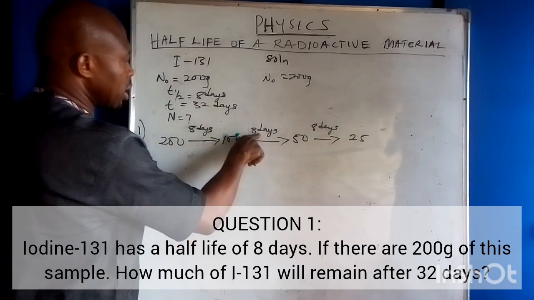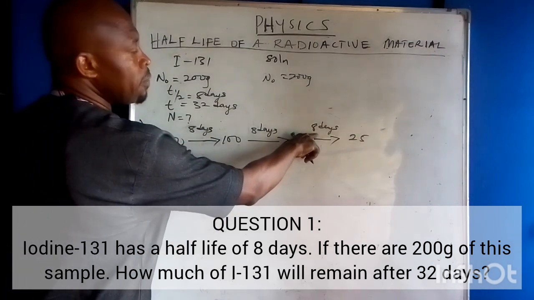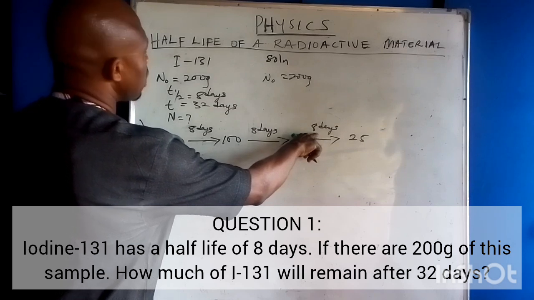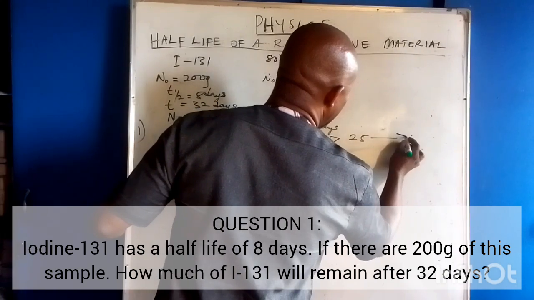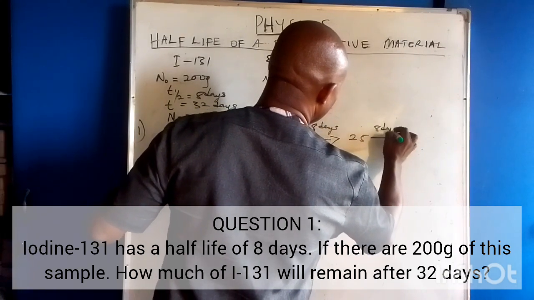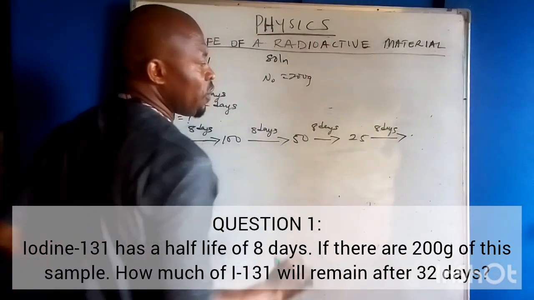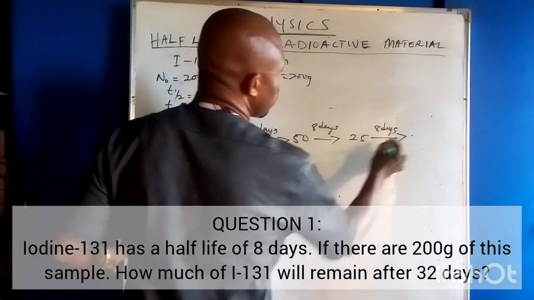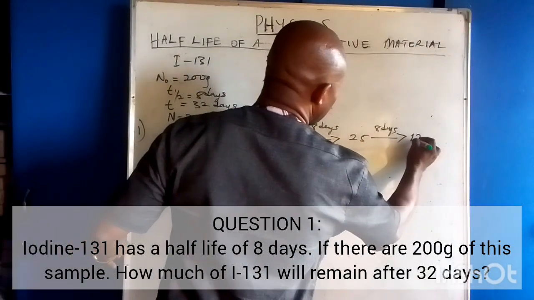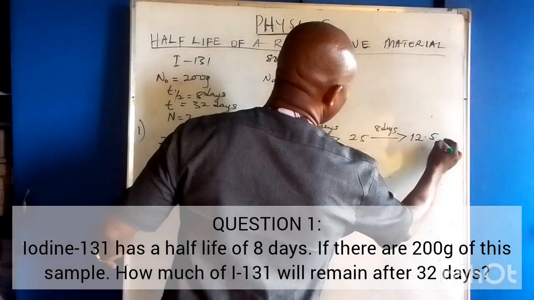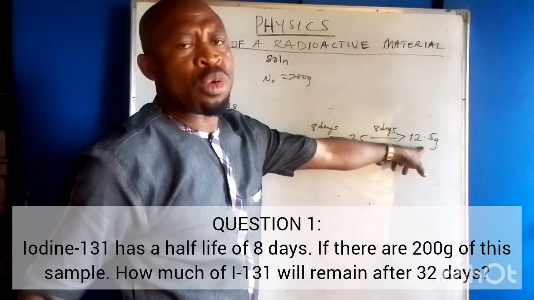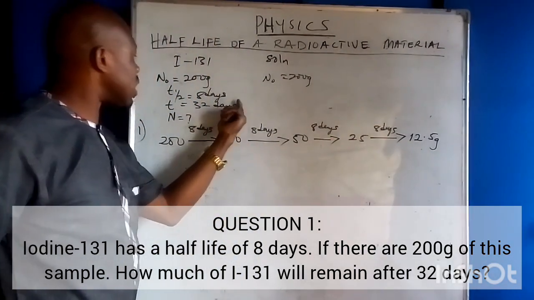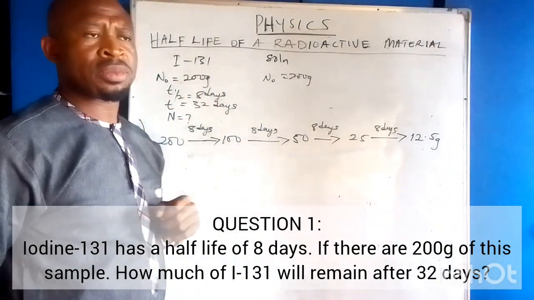So 8 plus 8 is 16, plus 8 is 24. Now it means that after another 8 days, 25 would disintegrate, leaving half of 25, which is 12.5 grams. So this is the mass that will be remaining after these 32 days.